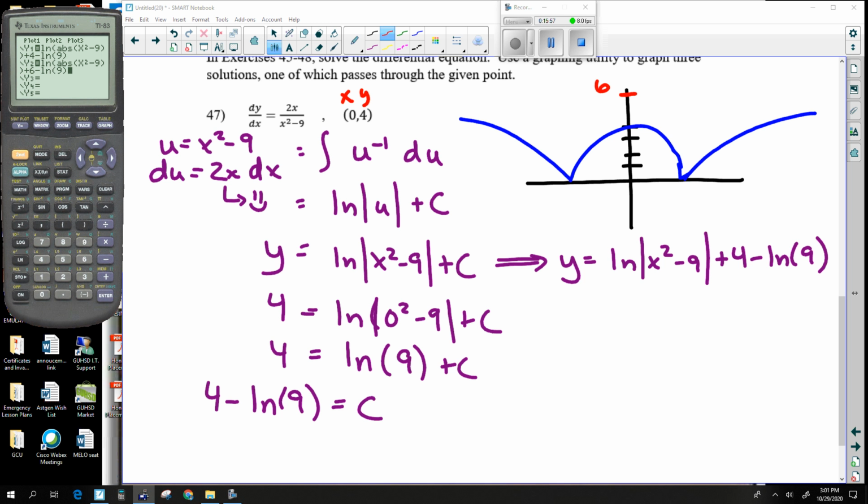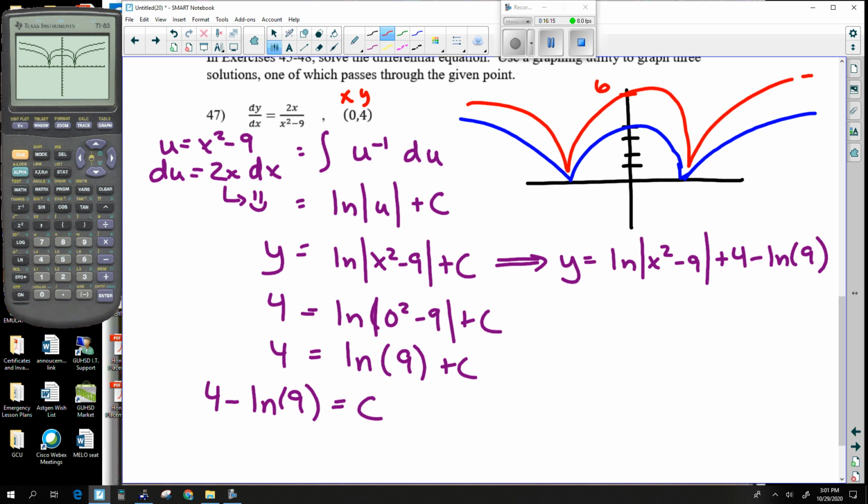I think it'll have the same x values, and it'll just be higher and steeper. So that was the original. This one should dip at the same spot, yep, same spot, and there you go. So whoop, whoop, like that, and that would be where y is equal to ln of absolute value x squared minus 9 plus 6 minus ln of 9.